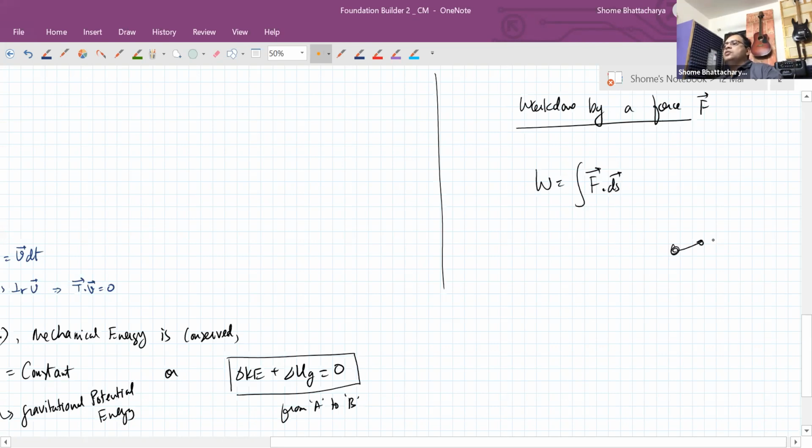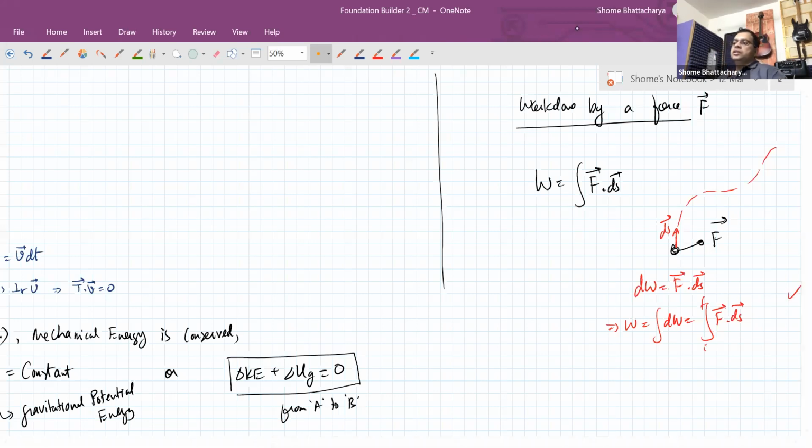If a force is acting on a particle and the particle is moving along this kind of path, so at any point of time you take the differential displacement, so the work done during that small displacement is f dot ds. So the total work done becomes integration f dot ds from initial to final position. You have seen this in work energy, right Norman?